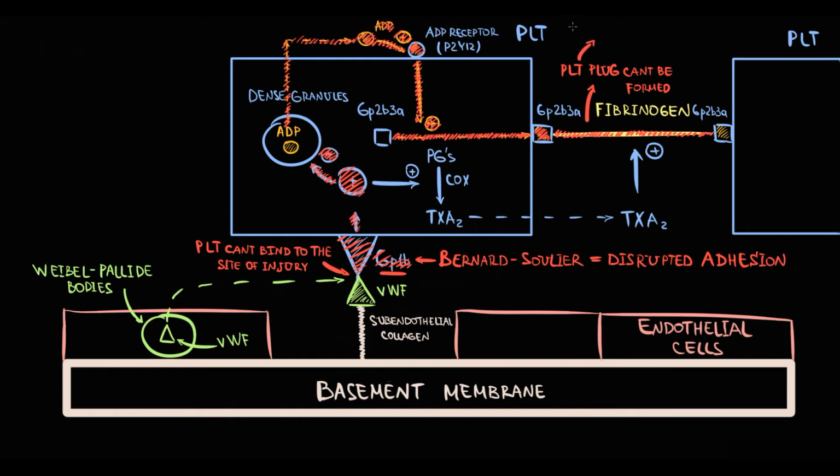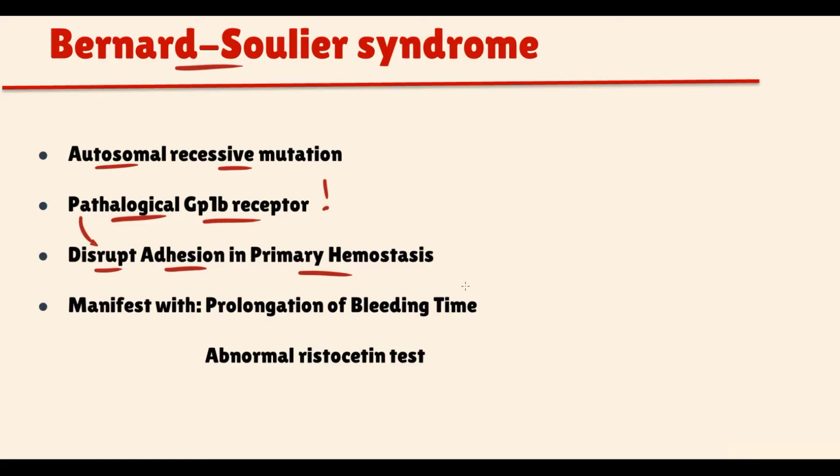So primary hemostasis becomes dysfunctional. And dysfunction of primary hemostasis manifests with prolongation of the bleeding time. So Bernard-Soulier syndrome disrupts platelet adhesion, and this manifests with prolongation of the bleeding time. In addition to this, disrupted adhesion can be diagnosed with an abnormal ristocetin test.